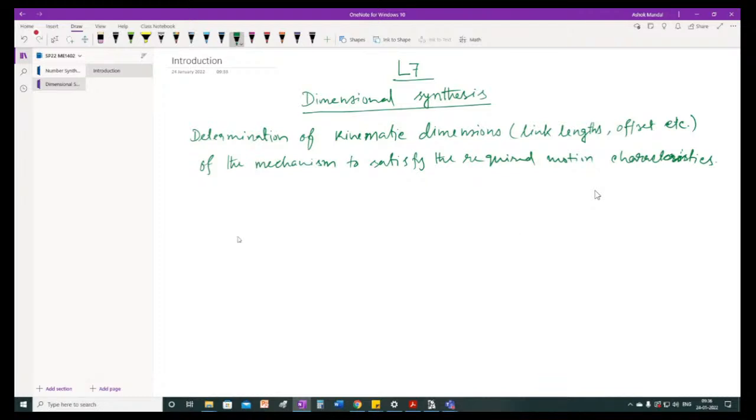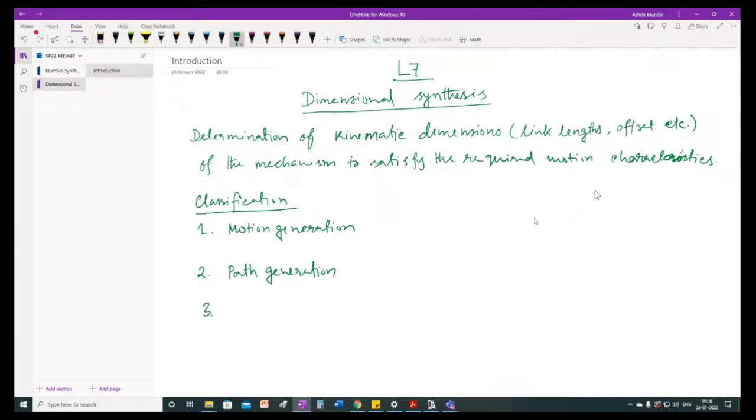Okay. And the classification of this topic: number 1 is motion generation. Second is path generation.